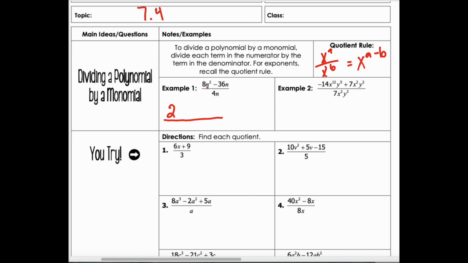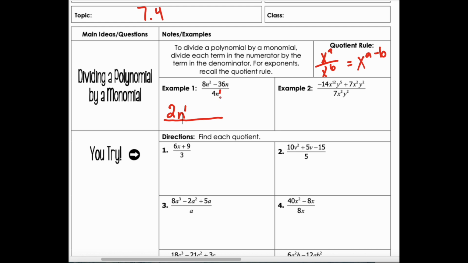Then we have n to the power of 2 divided by n. Our quotient rule tells us to subtract a minus b, so 2 minus 1 is 1. This would also go in our numerator since our answer is a whole number. So we have 2n to the power of 1.